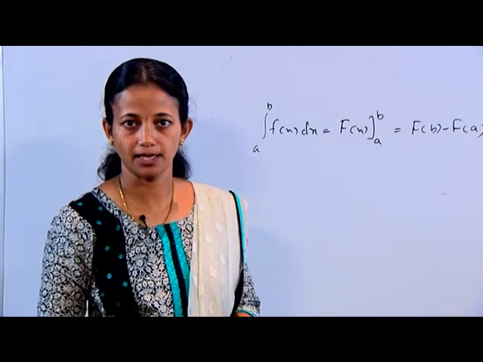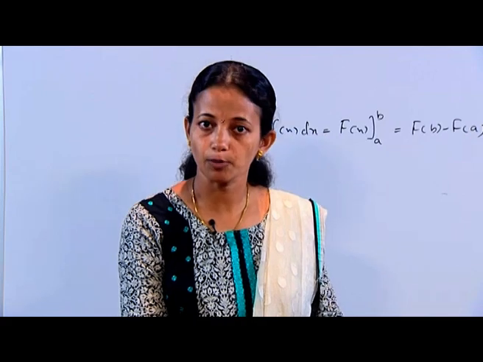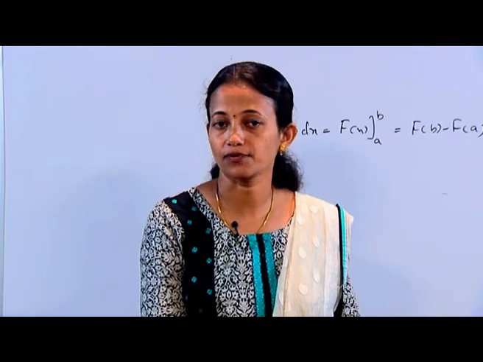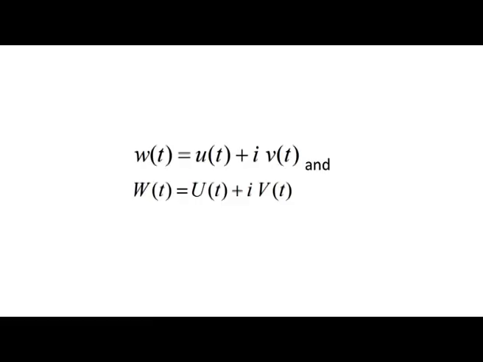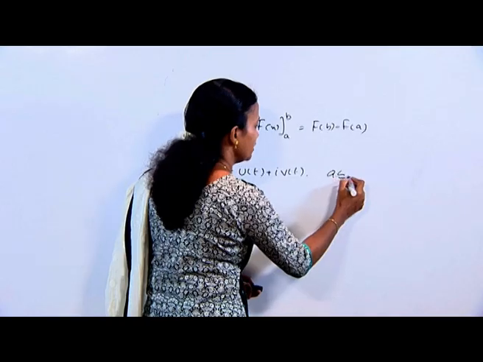Next theorem says that extension of fundamental theorem of calculus to integrals of type 10, that is, suppose w of t is equal to u(t) plus i v(t) and capital W of t is equal to capital U(t) plus i capital V(t) are continuous on the interval a less than or equal to t less than or equal to b.